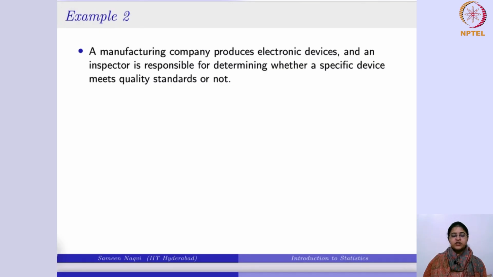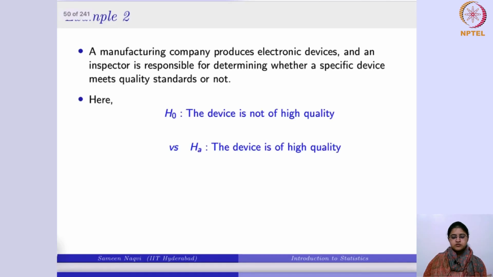In a similar way, you can look at your second example. Suppose a manufacturer company produces electronic devices and an inspector is responsible for determining whether a specific device meets the quality standards or not. So you can say the device is not of high quality, meaning the device is not meeting the quality standards.